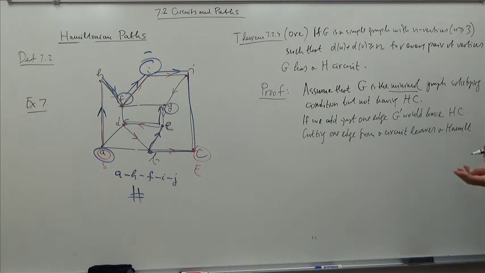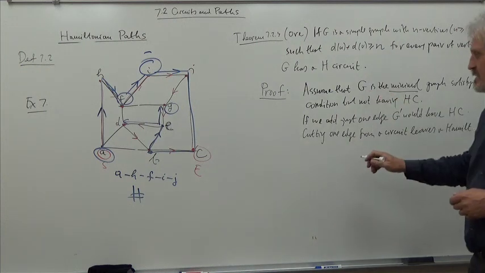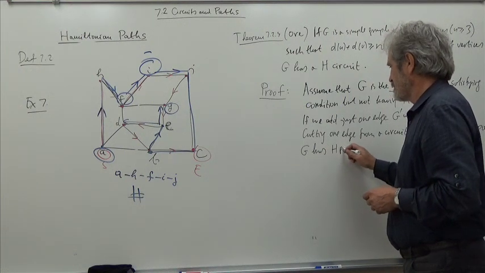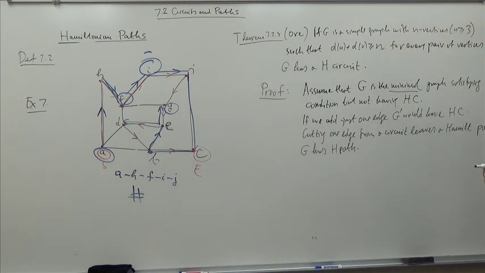Because it's Hamiltonian, we don't change the nodes visited, just the number of edges. So without loss of generality, we can assume that G has a Hamiltonian path. So one edge short of having a Hamiltonian circuit actually guarantees the existence of a Hamiltonian path.